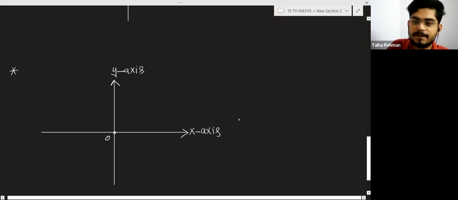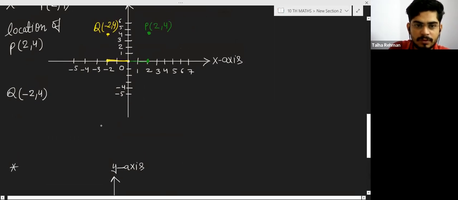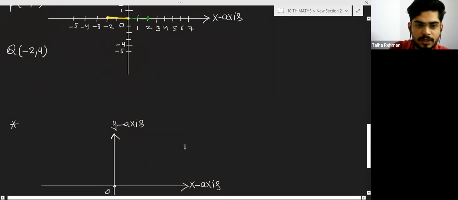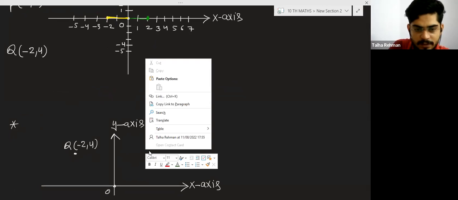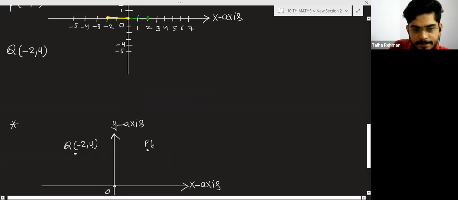And if I am saying to you, find the distance between these 2 points, we have been given 2 points. Here a point Q is given, coordinate -2, 4, and here another point P is given, having the coordinate 2, 4.